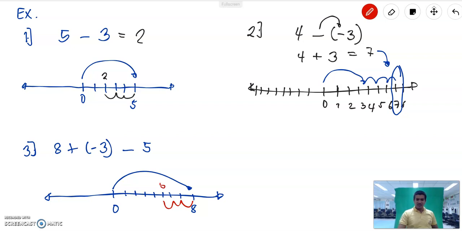So this one is 5. Another thing is we have to deduct again by 5. So we'll count from here 1, 2, 3, 4, and 5. So we will get 0 because the number line points to 0.